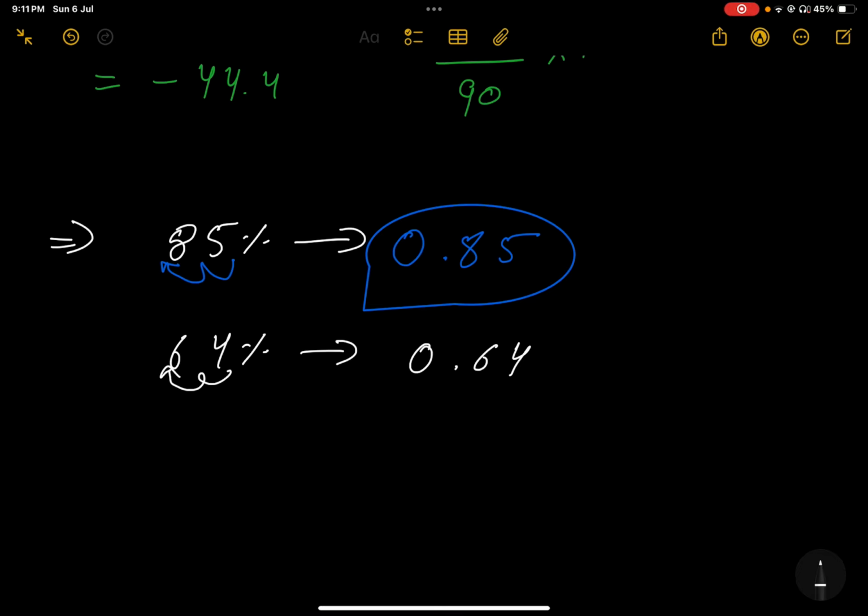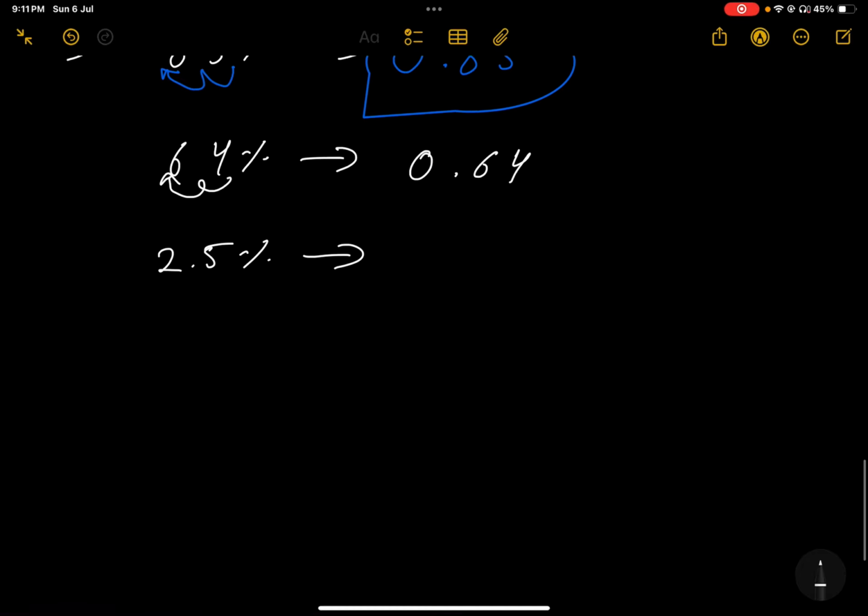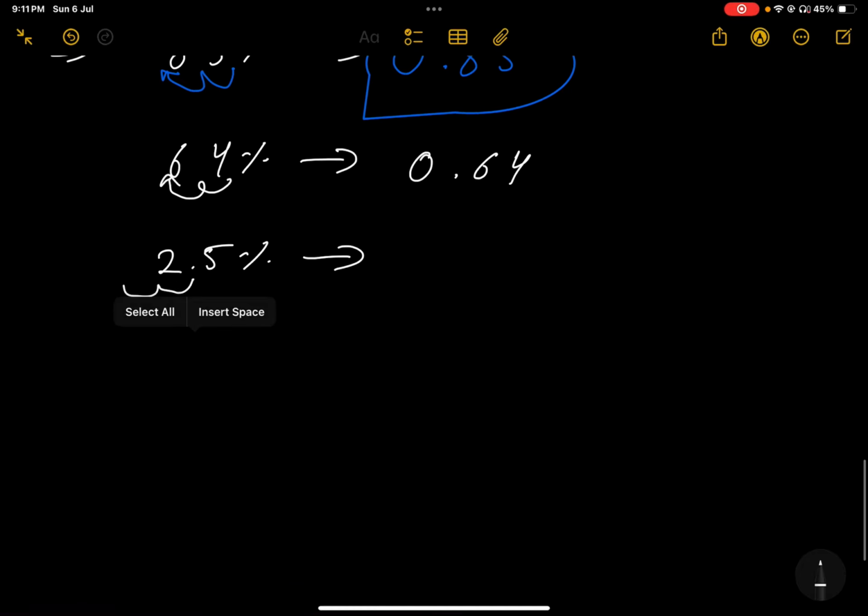So can you do this question, which is 2.5 percentage? Let's try. If we move the point two places, we'll get 0.025. This is the decimal form.